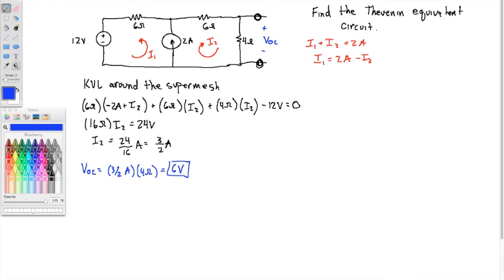So now I want to find the Thevenin resistance. So that, again, this is case 1. Case 1, so we can turn off all of the independent sources and find the equivalent resistance looking into the output terminals. So if I turn off the 12 volt source, right, that makes an open circuit.